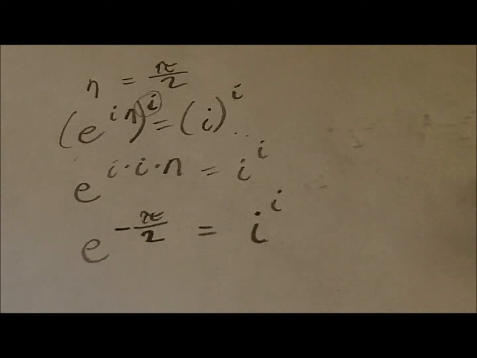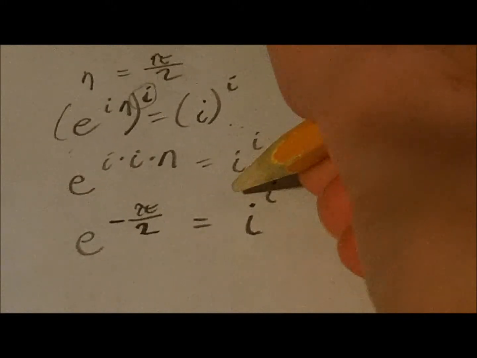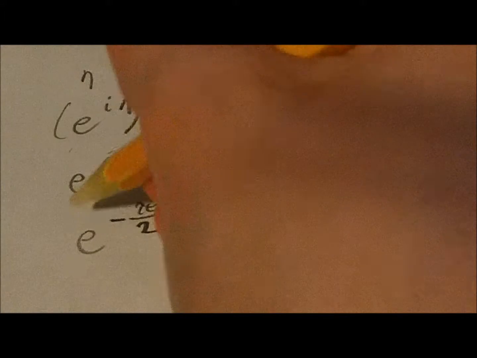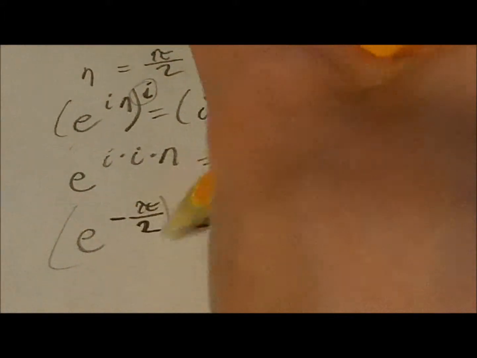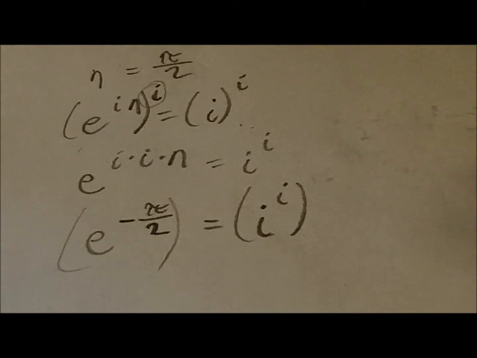And so this is amazing as it is. This is astounding. We basically know for a fact now that the quantity i to the i is equal to this very simple quantity, this real number. We can even call this a computable real number if we like.